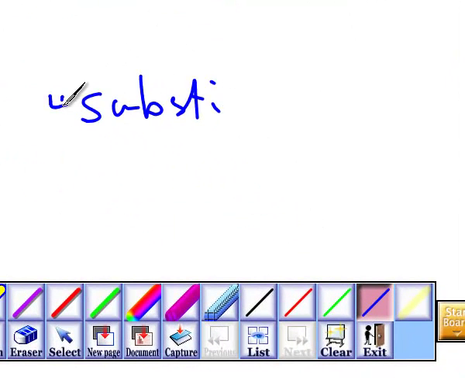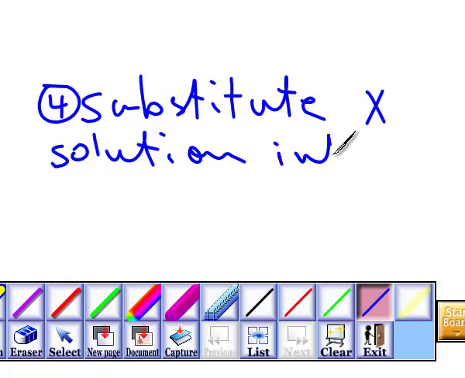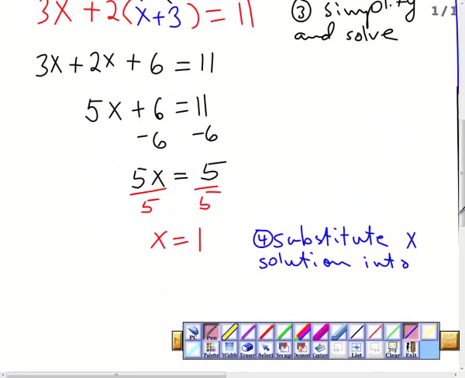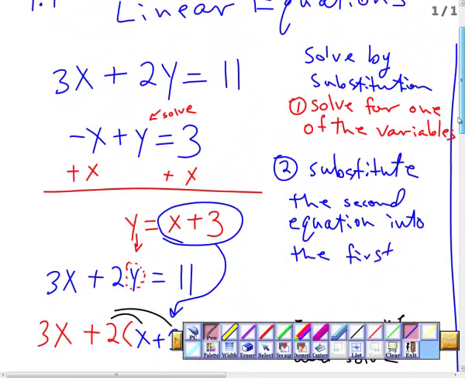This would be step 4: substitute the x solution into either equation. You could put it in either one of them to find y.